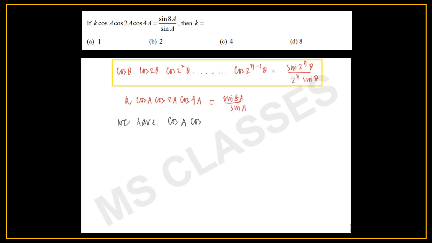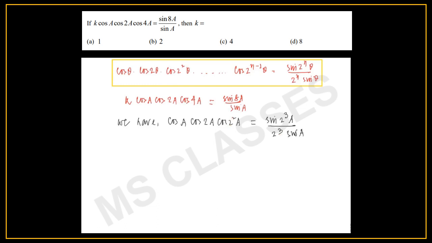So it is cos a, cos 2a, cos 2 square a. Now this will give us sine 2 cube a by 2 to the power of n, that is 2 to the power of 3 sine a. Here why 3? Because we have here number of terms 3, or we can say that if we correlate with these two, n minus 1 equal to 2, so n equal to 3.